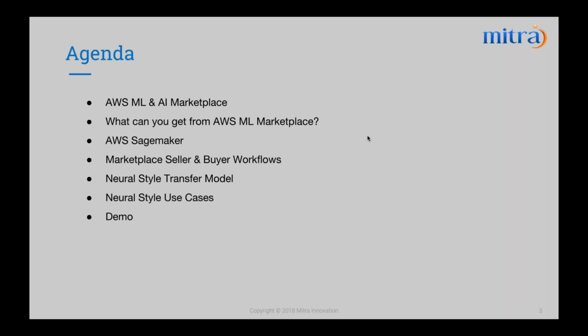We'll also be looking at the buyer workflows and the seller workflows in the Marketplace. And finally, we'll be looking at our new machine learning model which is published in the Marketplace called Neural Style Transfer and the use cases. And our engineer Nitushan will do a hands-on demo on how to deploy the model in production and how to infer the model in real time.